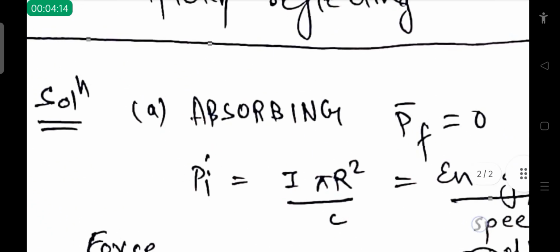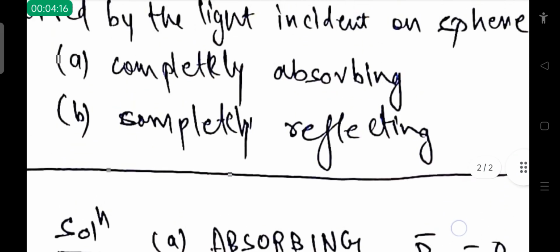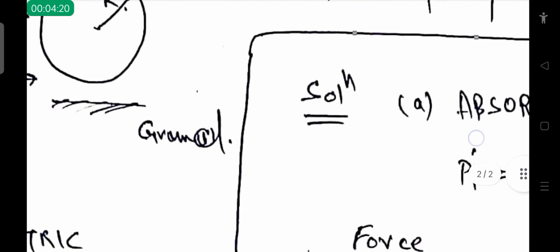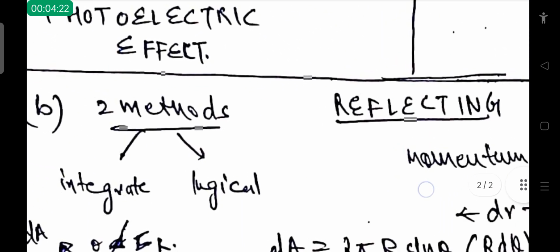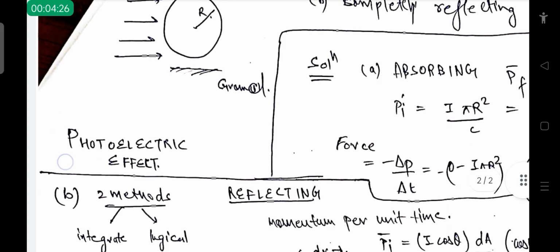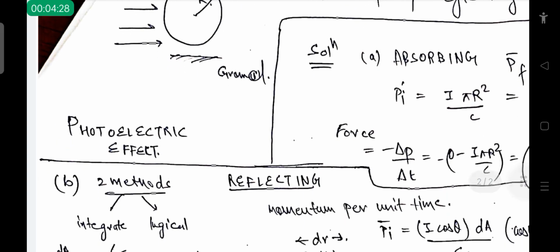Now this is done. For the second part, when the sphere is completely reflecting, there are two methods to solve this question. One, we take a small part dA on the sphere, find the force on that dA, and then integrate it over the whole sphere.